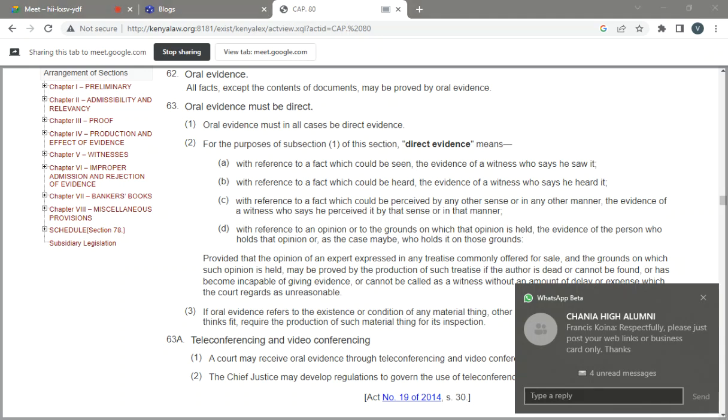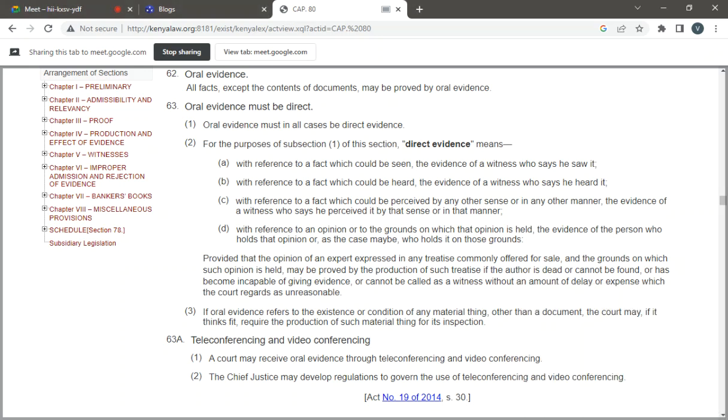Pia unapata with reference to a fact which could be perceived by any other senses or in any other manner, the evidence of a witness who says he perceived it by that sense or in that manner. So every human being anaweza kuwa na sense, maybe a smell, unaweza sikia pia harufu ya a dead person in another person's house, that's also a sense that you can perceive. So that is direct evidence.